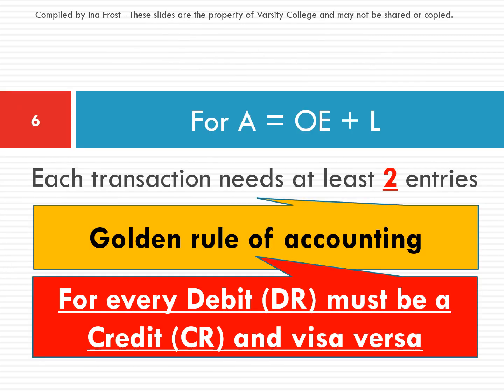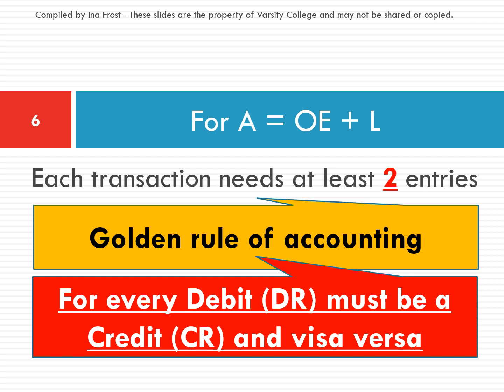So remember again, way back from Learning Unit 2, we learned that for every transaction, we need a minimum of 2 entries. And in fact, we called that the golden rule of accounting. If you have forgotten about this, refer back to your Learning Unit 2 and just refresh your memory on that.